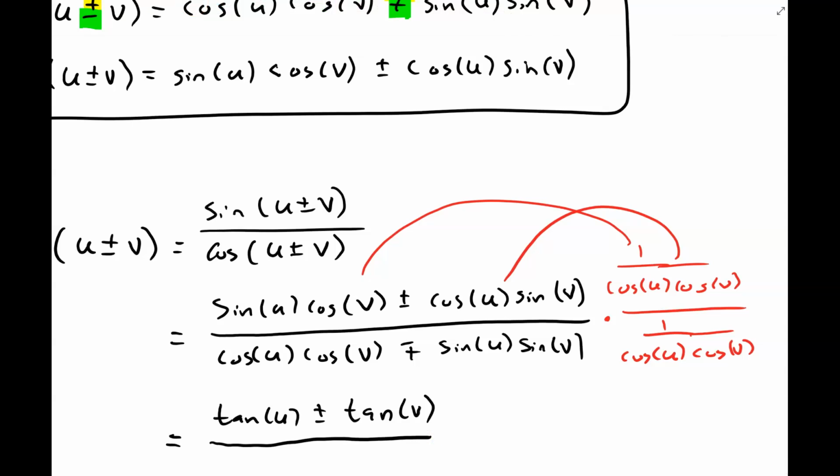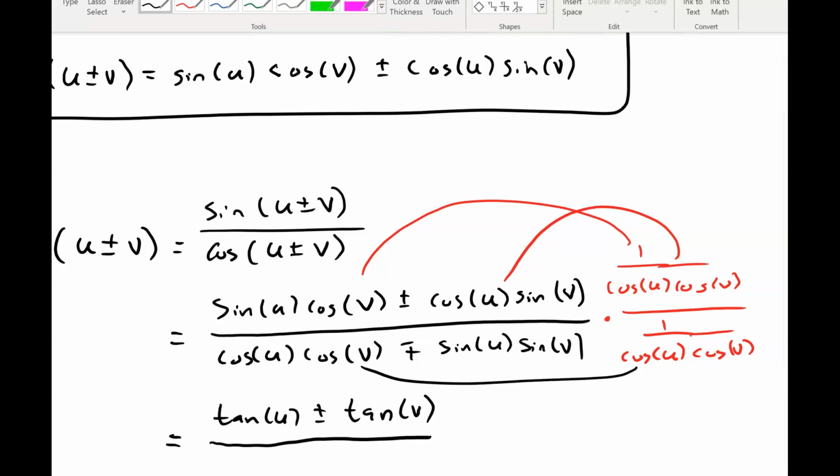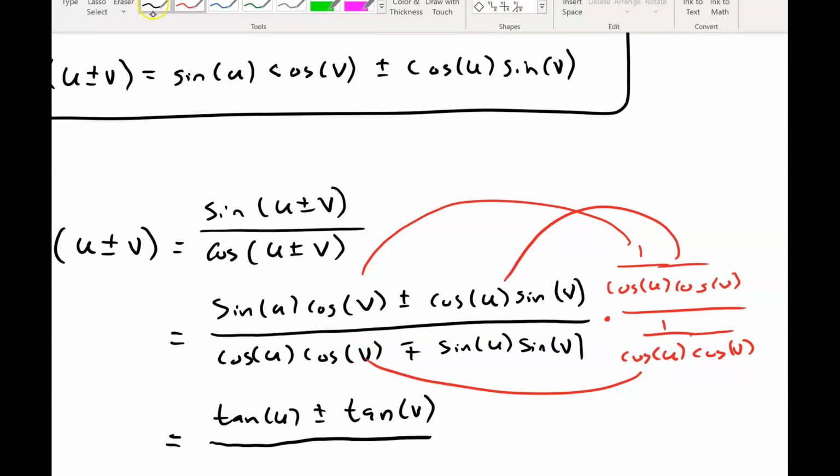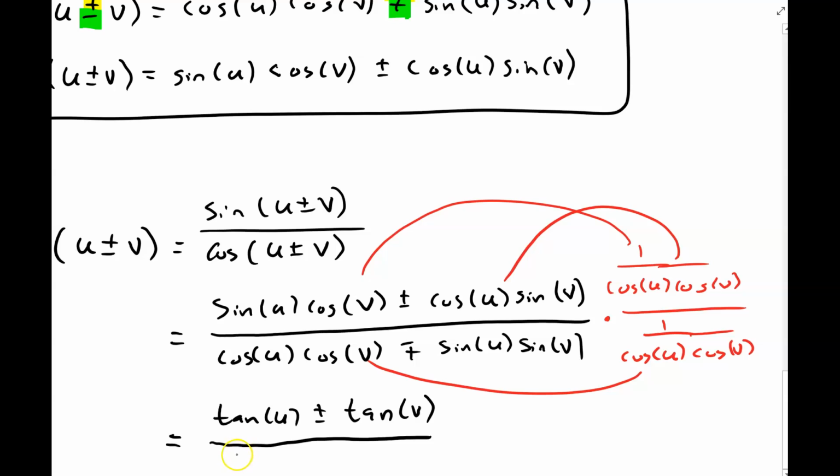In the denominator, when I distribute, oops, I meant that to be red, to the first term, both the cosine u's cancel and the cosine v's cancel, leaving me with just 1.